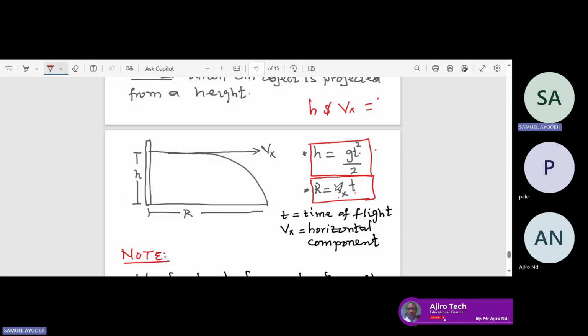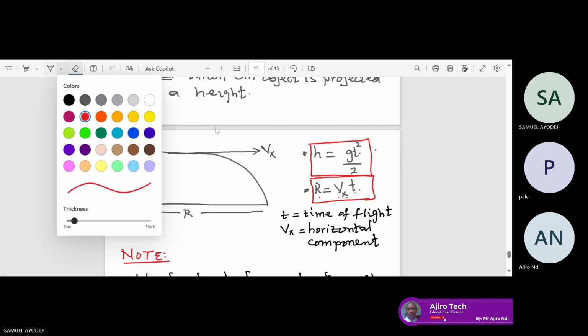Definitely you cannot use a single formula to get there, because to calculate range, you need velocity and time. So you use H to find the time: use the first one to calculate the time, then substitute into the second one. That's how it works.